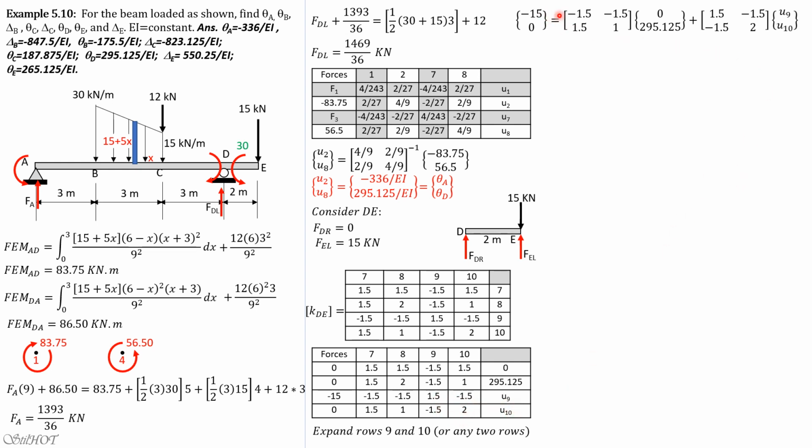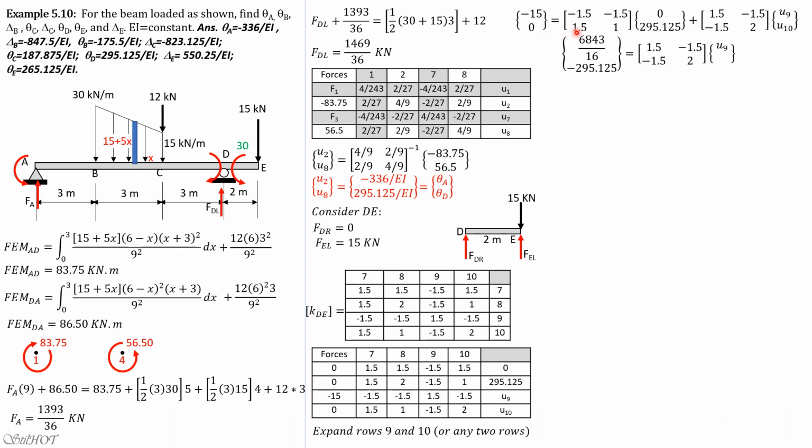So simplifying, negative 1.5 times 0 is 0, negative 1.5 times 295.125 is negative, transposed to the right, so positive. So negative 15 plus 1.5 times 295.125 is 6843 over 16.